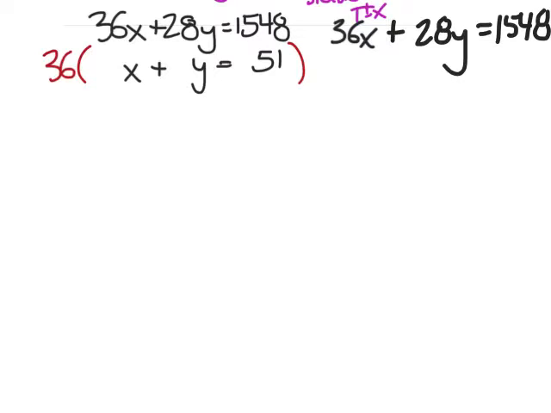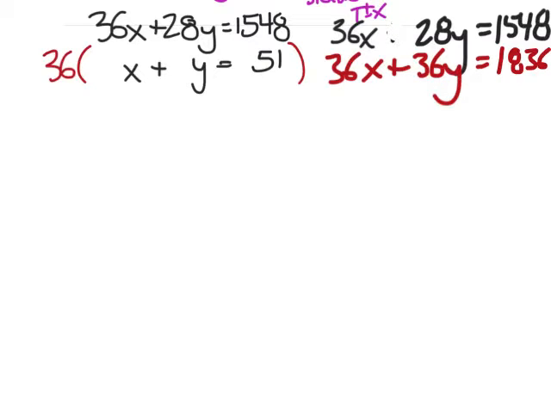But now my new bottom equation is 36x plus 36y equals 51 times 36, which is 1836. Now we do need to change the signs, so we'll change the signs of the top one. Now these are all negatives.